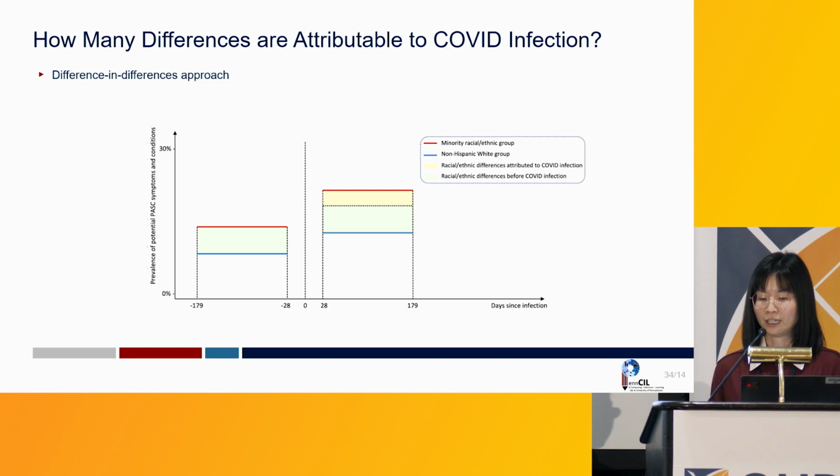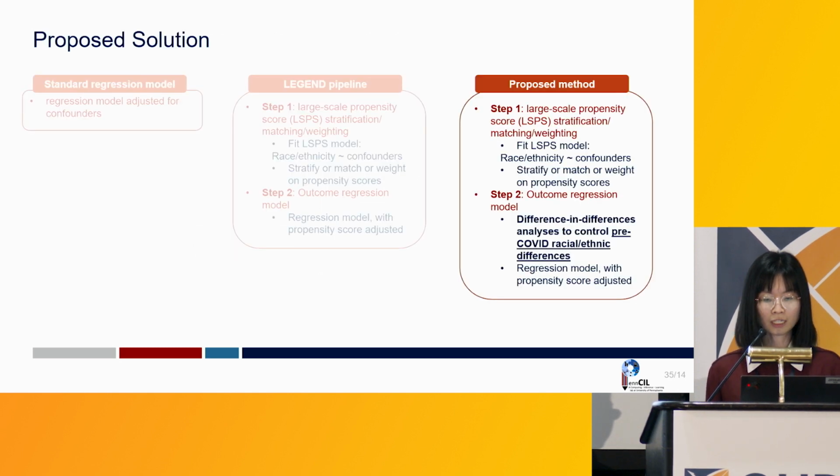And our primary interest lies in the yellow rectangle, that is the differences totally resulting from COVID infection. So in terms of our solution, we incorporated the difference in differences analysis in the outcome regression model so that we can control the pre-COVID racial and ethnic differences.